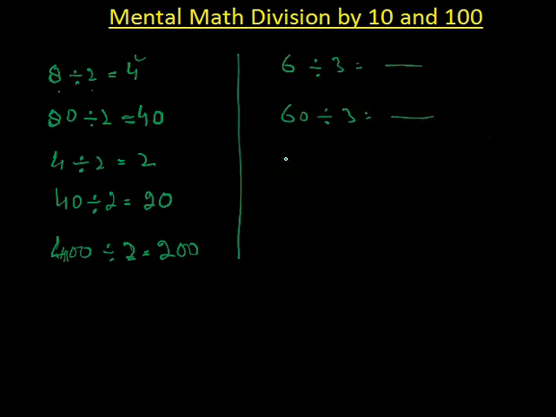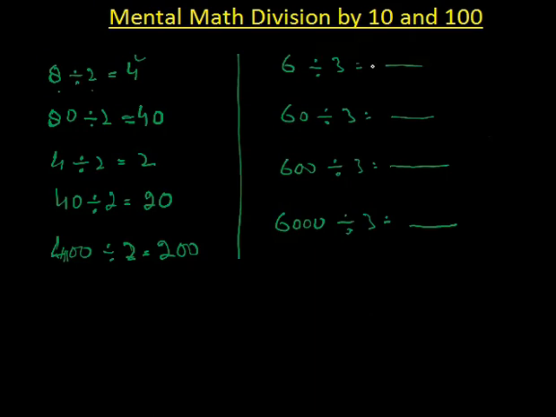And if 600 is given and the division is by 3, what will be the answer as well? And if I add one more zero, 6000 divided by 3, what will be the answer? So you do it yourself. I will do it for you for your correction. So I wish you do it yourself for your practice right now.